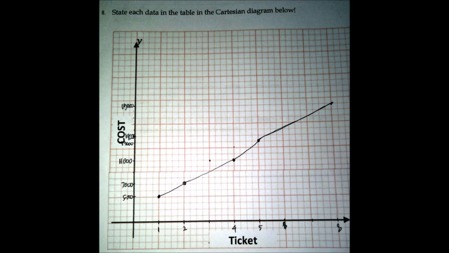This is the sketch of the third group's answer. So, if the number of tickets is increased, the cost will increase also. And if the number of tickets is decreased, the price will also decrease.